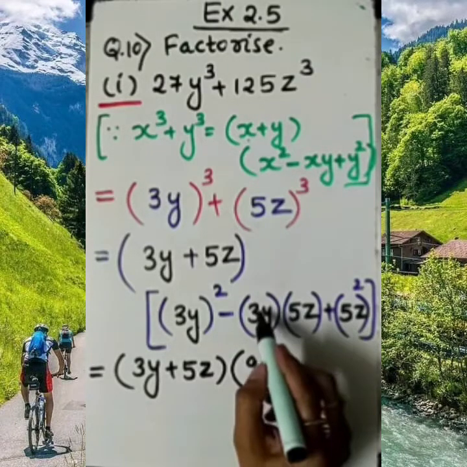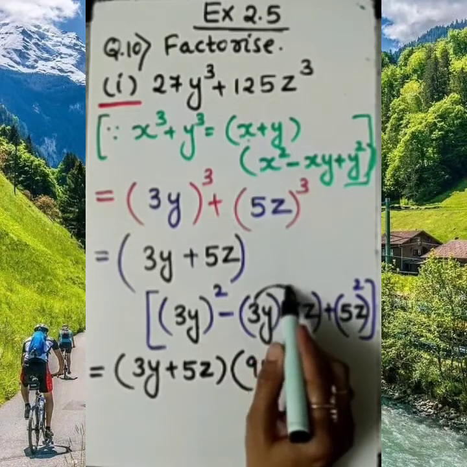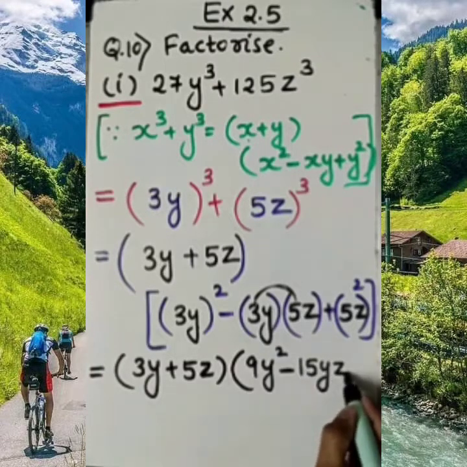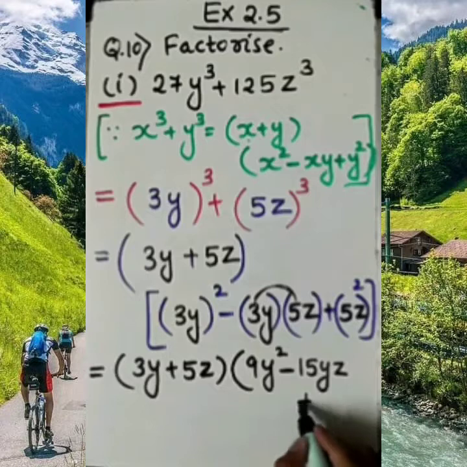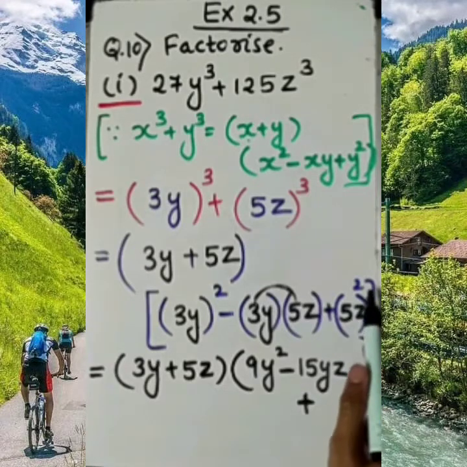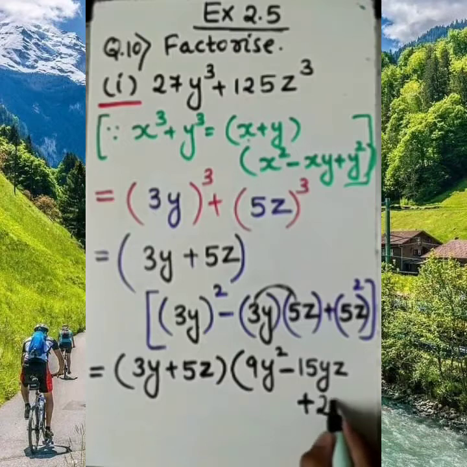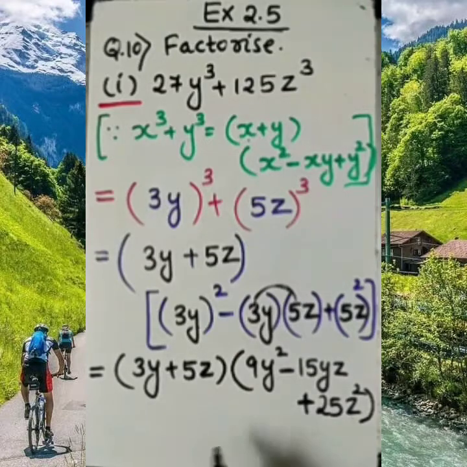Minus, what is the product of 3 with 5? 15yz. And plus 5z whole square, the square of 5, that is 5 into 5, 25z square. Clear to you? So this is the solution.